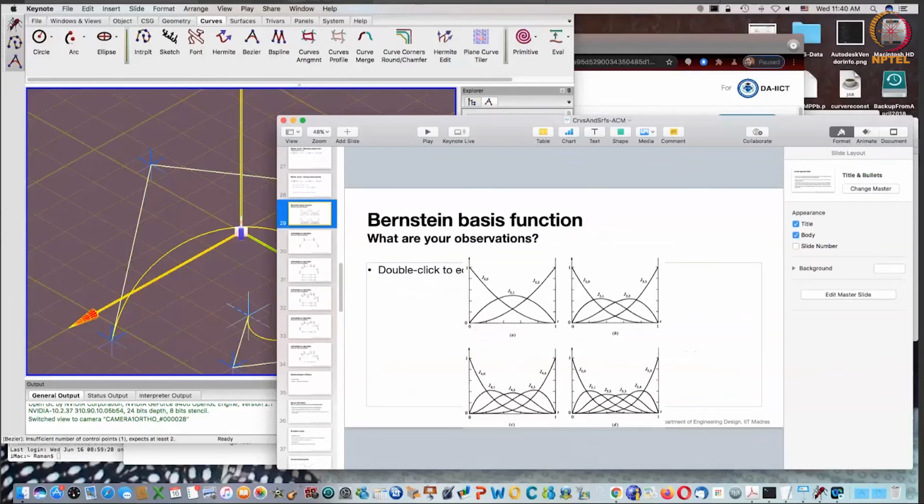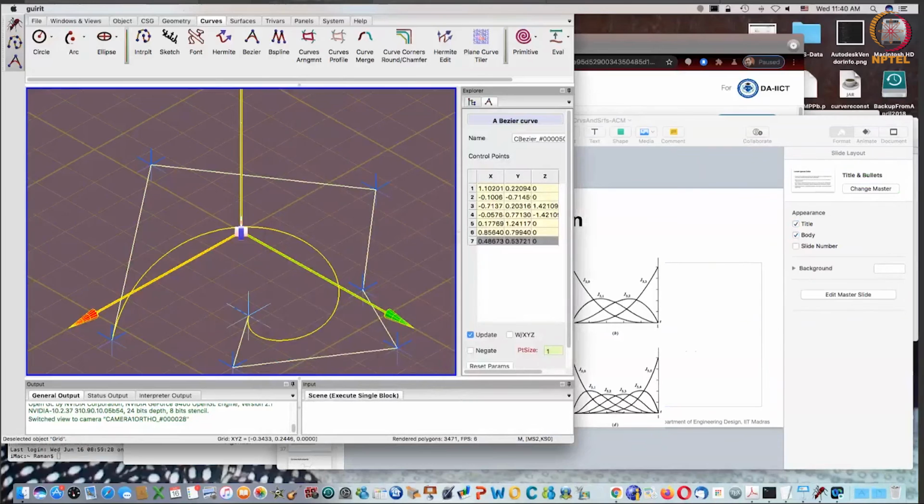Are you able to see my mouse pointer or not? That is the reason why even if I move any other point, the entire curve gets affected. So this is one of the disadvantages of the Bezier curve, where I don't have local control. It's only global control.